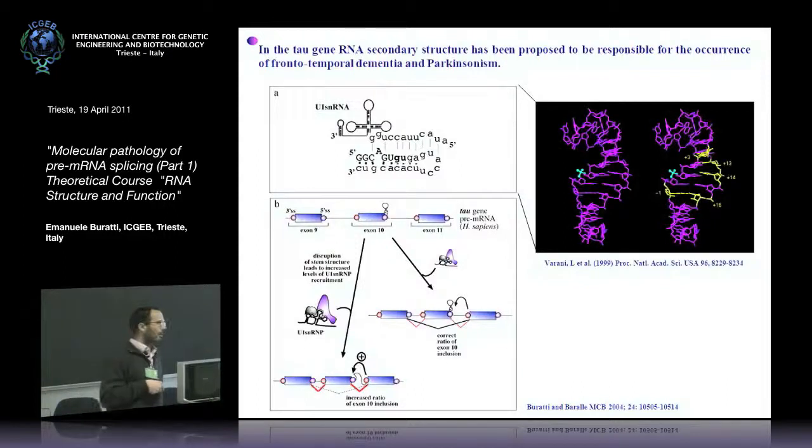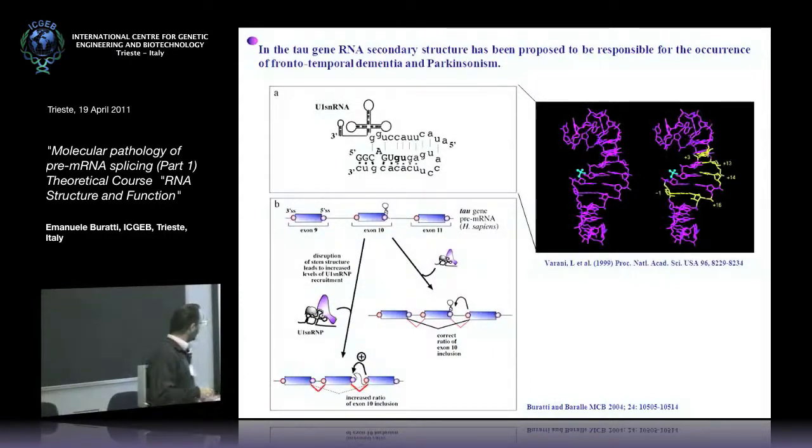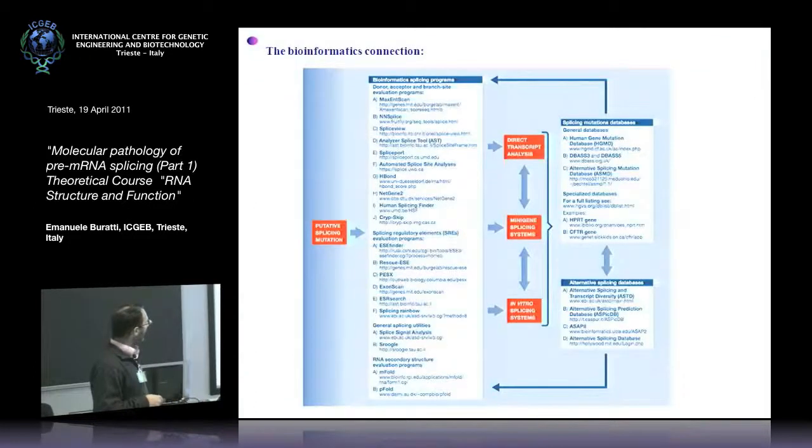Of course, as you can well imagine, because our ability to sequence patients has grown enormously during recent years, because the cost of sequencing a gene has dropped by a huge amount, what happens is that now we are actually invaded by a huge number of changes that are provided by clinicians, and they are interested in evaluating all these changes and deciding whether these are mutations that could affect splicing or not.